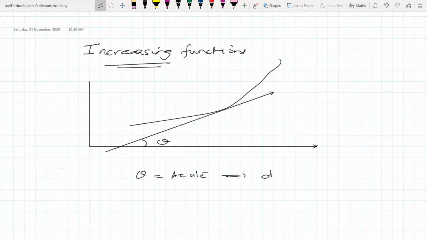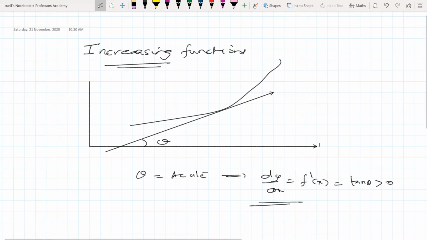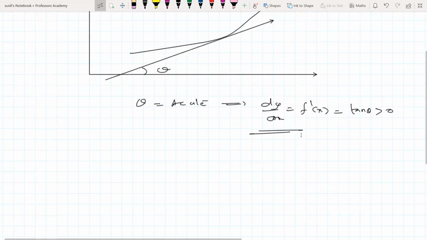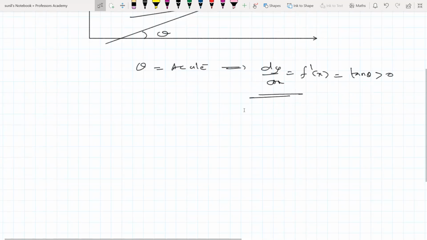That is why dy by dx or f dash x, which is tan theta, becomes positive, because in an acute angle case tan theta is positive. So the graph is moving up, then tan theta becomes positive.